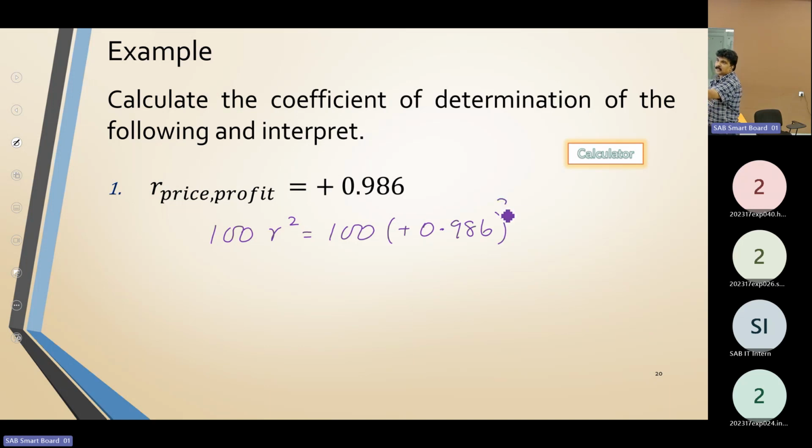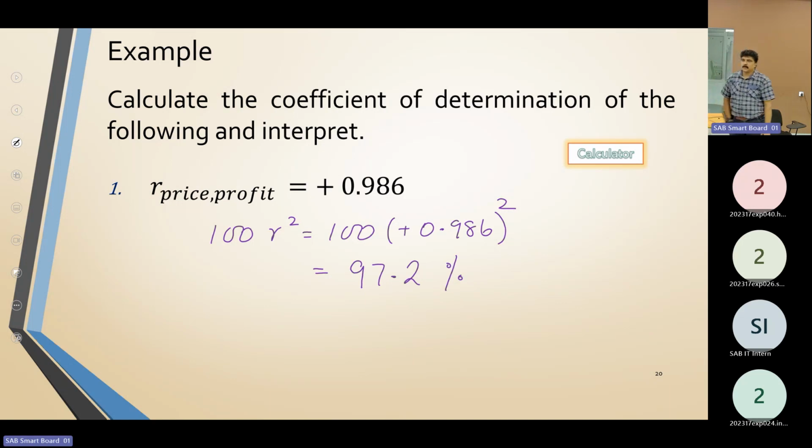For this one, you use all the 3 digits, and in the final answer you go up to 1 decimal place. That gives 97.2.